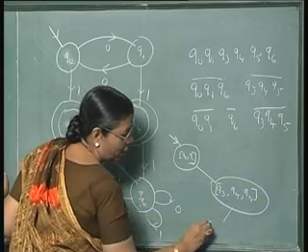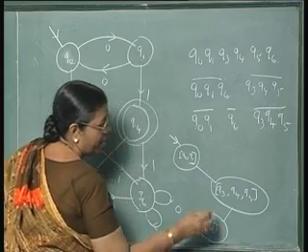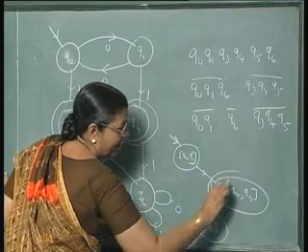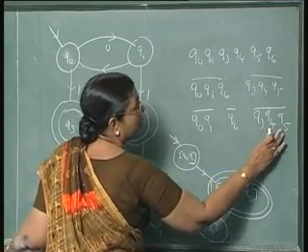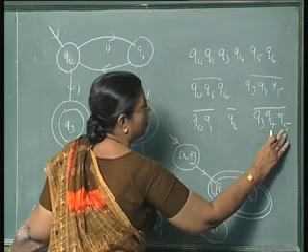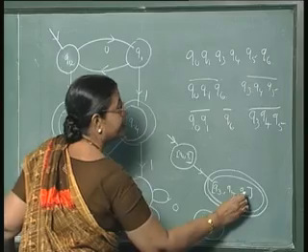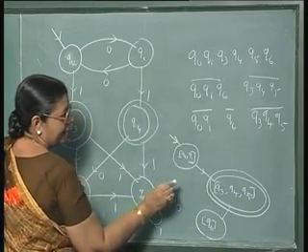Then Q6 alone will be separate. So, this is the final state Q3, Q4, Q5. This is the final state, this is the initial state.